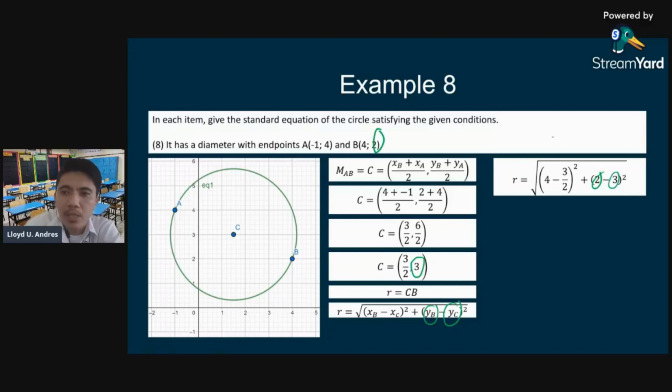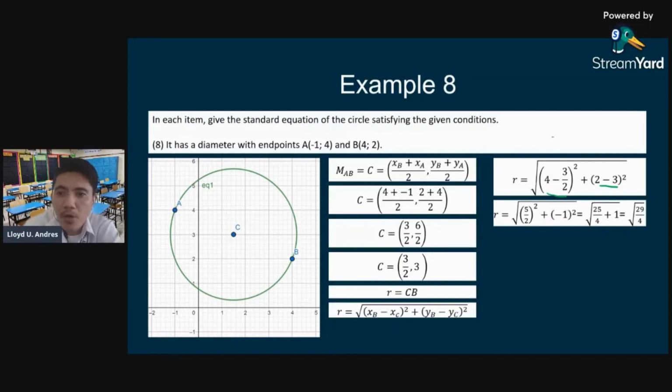So we simplify the values inside the parentheses. 4 minus 3 halves is actually 5 halves, and 2 minus 3 is -1. Squaring 5 halves becomes 25 over 4. Squaring -1 becomes 1. Then simplifying, 25 over 4 plus 1 becomes square root of 29 over 4.